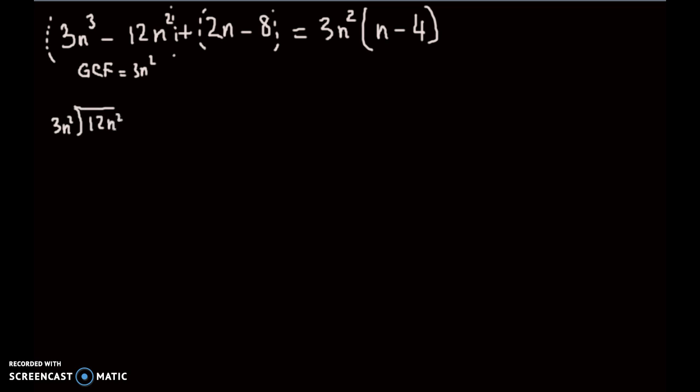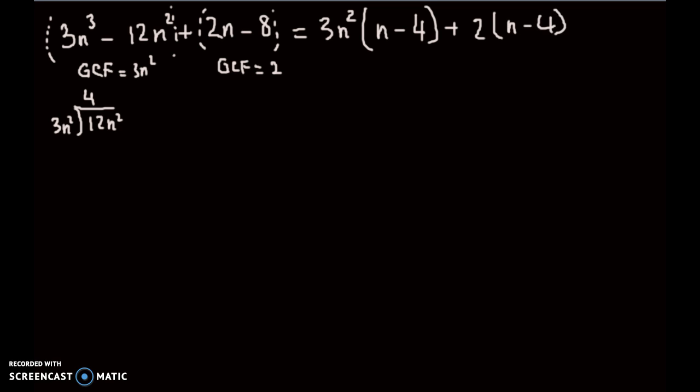So 3n squared times n minus 4. And now plus, the GCF for this one would be 2, so I put 2 out, and inside the bracket would be n minus 4.